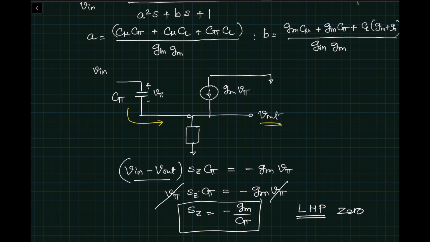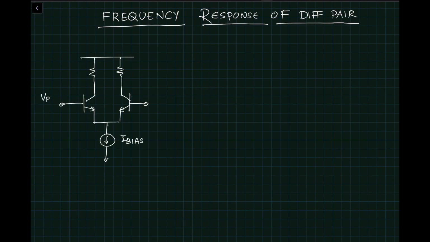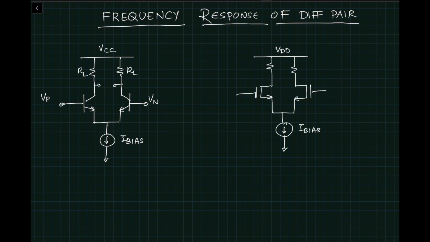Now we will move into frequency response of a differential pair. So let's draw the differential pair schematic. As we discussed earlier, to analyze a differential pair, we partition the circuit in two parts: one for differential input and one for common mode input.